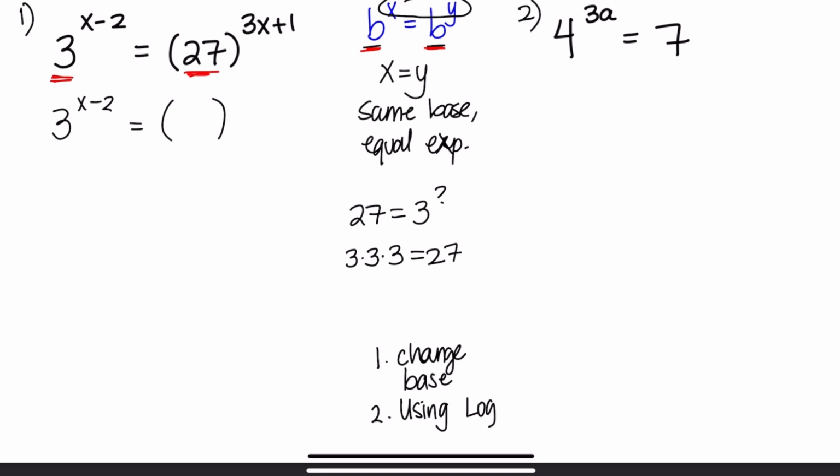So that lets me know that 27 really equals 3 to the third power, because it took 3 times for me to multiply 3 by itself to get 27. So this knowledge is going to help me replace what 27 used to be with 3 cubed.